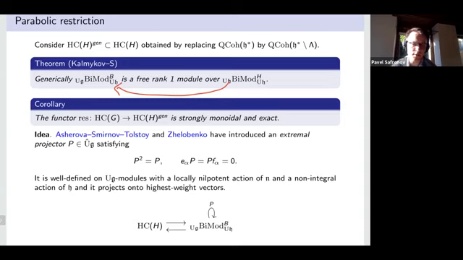And it satisfies this defining property that if you multiply by E alpha on the left or by F alpha on the right, you just get 0. So if you have any UG module where this element actually makes sense, then what it's going to do is it's going to project to the highest weight subspace. That's why it's called an extremal projector.